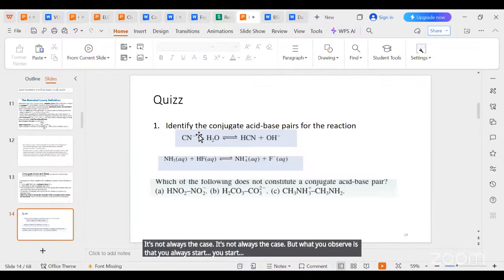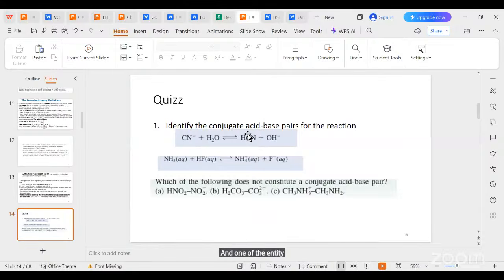We are looking for conjugate acid-base pairs. You start with one of the entities, and the two will combine to give you the original, excluding the water. So if we combine this, it will give us the original excluding water.